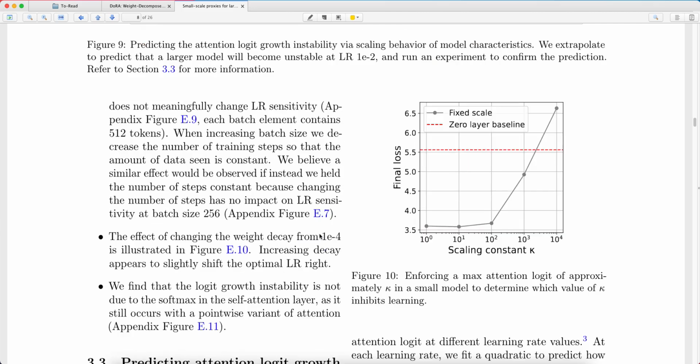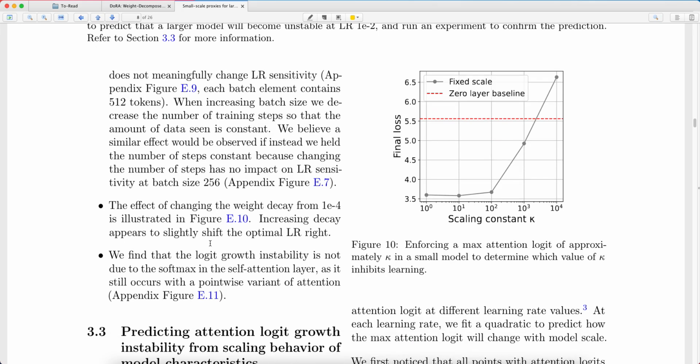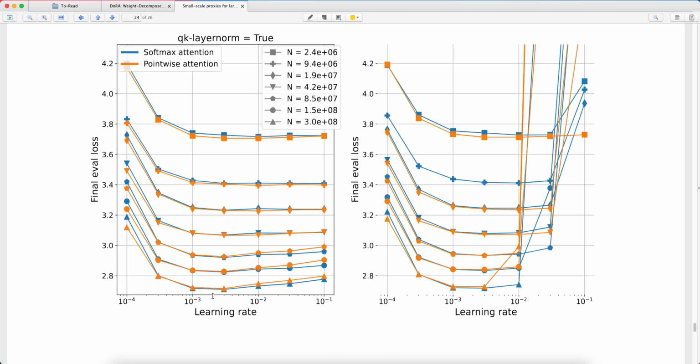We decrease the number of training steps so that the amount of data is constant. Changing weight decay from 1e-4, increasing decay appears to slightly shift the optimal learning rate right. Logit growth instability is not due to the softmax, as it still occurs with a point-wise variation of attention.